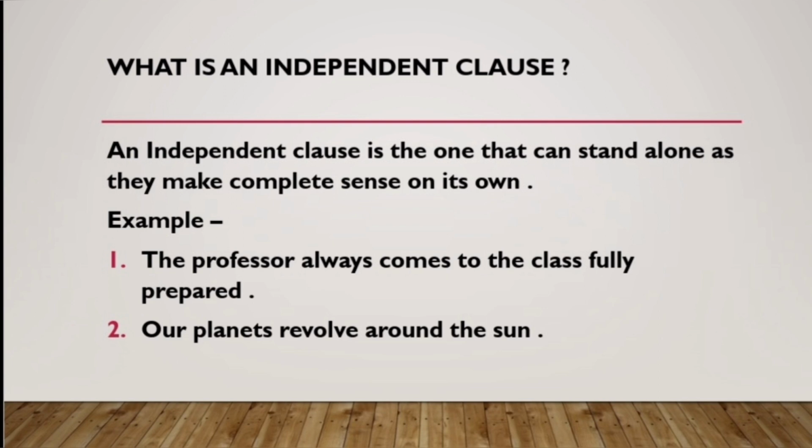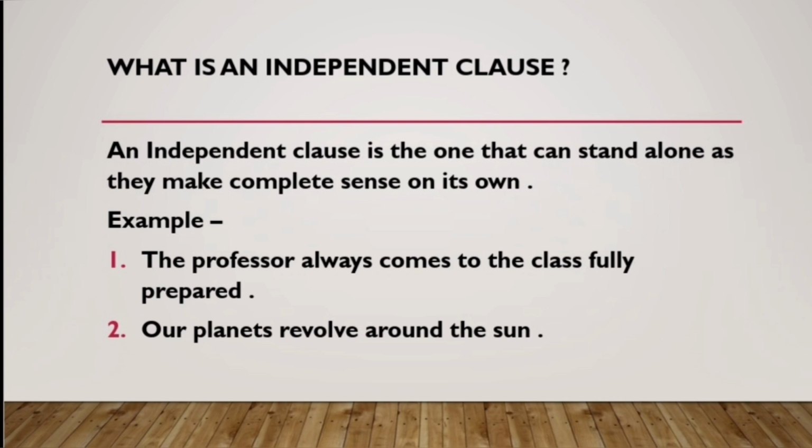If you see these examples of independent clauses, number one is: The professor always comes to the class fully prepared. Here we have the subject, the professor, and a finite verb, comes, and a predicate, always comes to the class fully prepared. This sentence is an independent clause because it conveys the full meaning by itself.